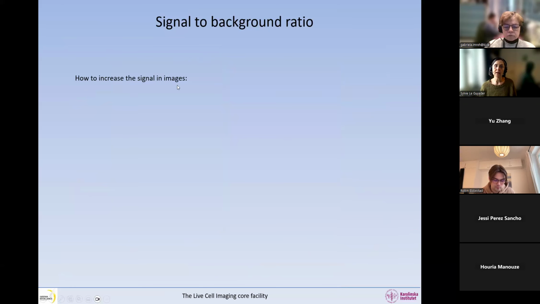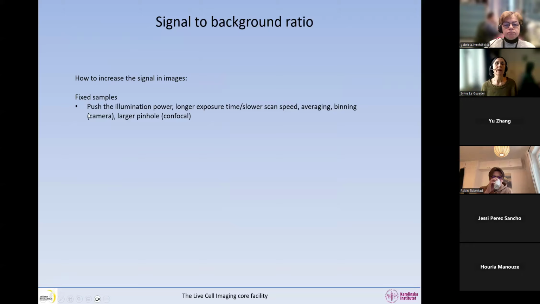So how can we increase the signal then? To improve the signal to background ratio, we can push the signal. How do we increase the signal in images? Well, if we have fixed samples, we can push the illumination power, so the lamp or the laser or something. We can also use longer exposure time, so we integrate more photons before we clean the camera, or slower scan speed.